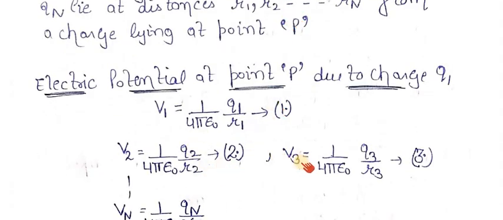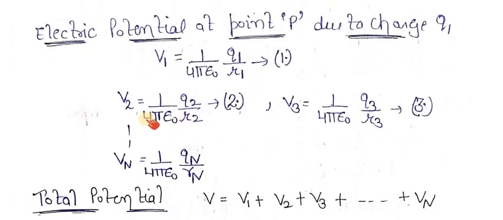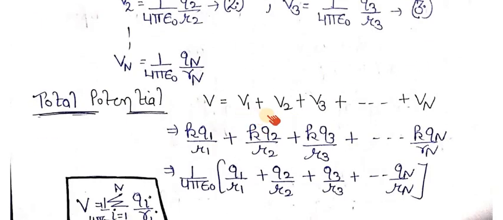Similarly, the potential due to charge Q3, that is V3, is 1 by 4 pi epsilon naught Q3 divided by R3. Now we have to find the potential up to n charges, right? So when we add all these charges, that means the potential due to all n charges at point P, we have to sum V1 plus V2 plus V3 up to Vn.